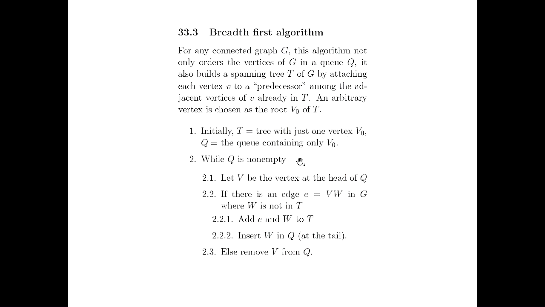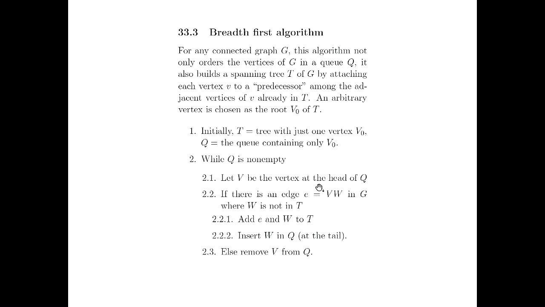And then, while this queue has stuff in it, we do the following. We look at whatever vertex is at the head of our queue. Initially that's going to be the root vertex, but later on it might be something else. And then we look at the edges going out from that vertex. So we only have to look locally from that vertex.